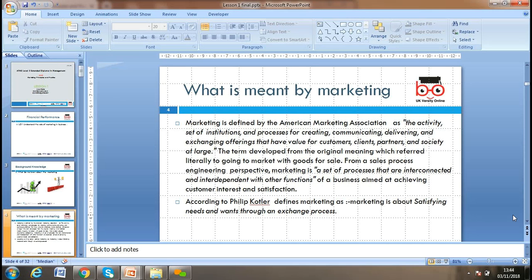So the key focus in this definition is value for customers, clients, partners, and society at large. Society at large is not going to lose from marketing, society at large is going to gain.